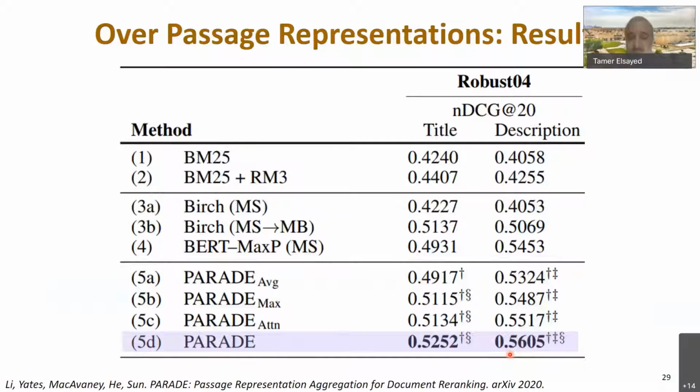Why do you think Parade is really better than BERT and Max-P? What is the main difference? What is the key idea of Parade over Max-P that might be the reason why we got better results? What is the key property here? Any guess?